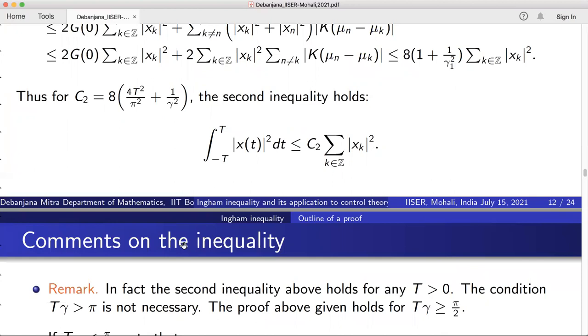Instead of this orthogonal system of exponentials, can one get such inequalities for some other kind of orthogonal expansion? Oh, that I don't know very well.